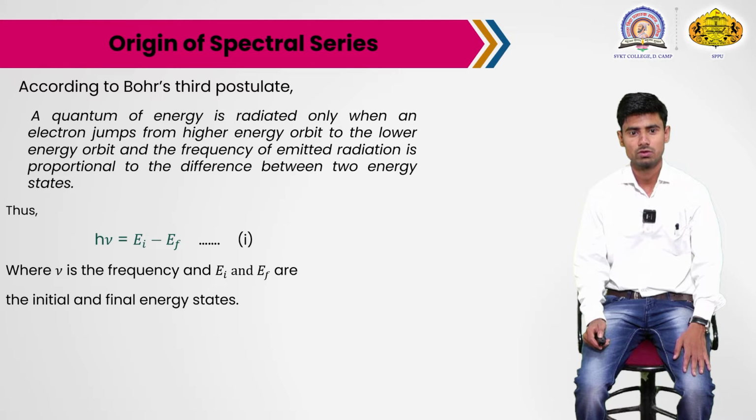So here you can see that we have h nu equals Ei minus Ef, where nu is the frequency of the emitted radiation, h is the universal Planck's constant, Ei is the energy of the upper level, that is the energy at which the electron is initially situated, and Ef is the energy of the lower level, which is the final energy level to which the electron jumps from a higher energy.